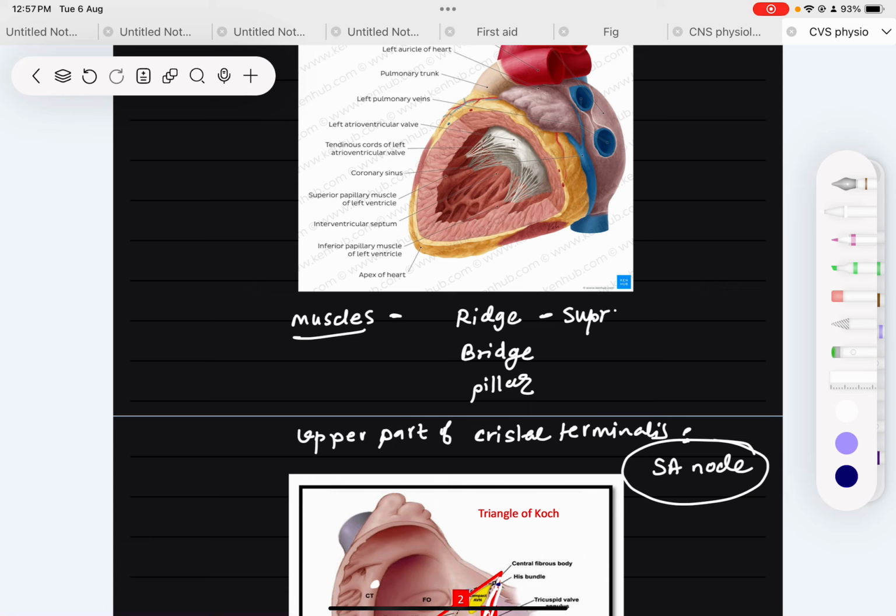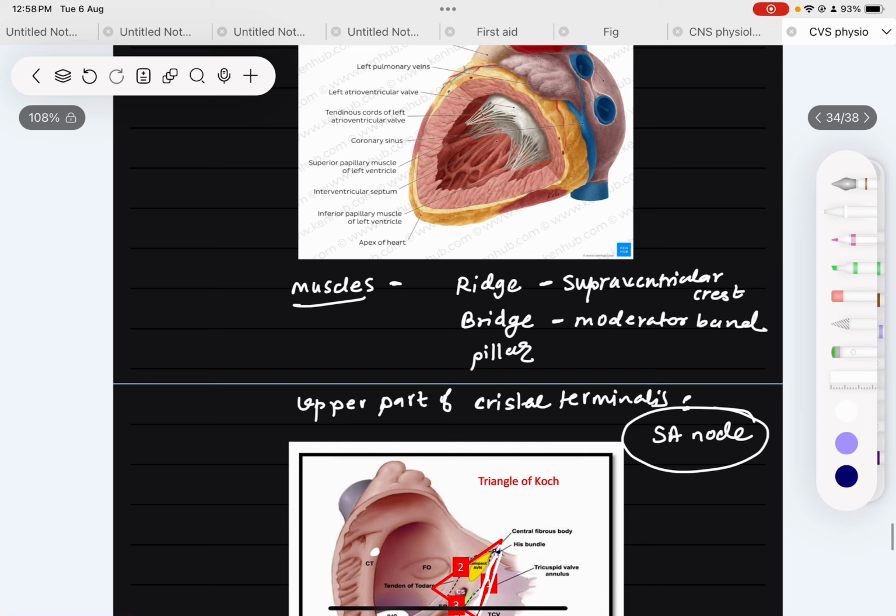Ridge is supraventricular crest, bridge is moderator band, and the pillar is papillary muscle.